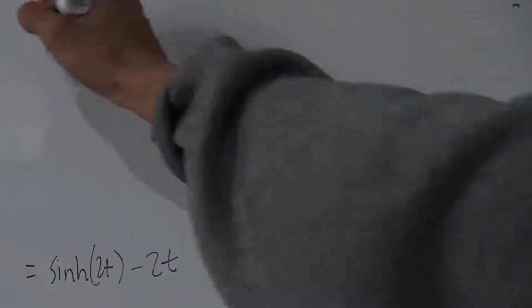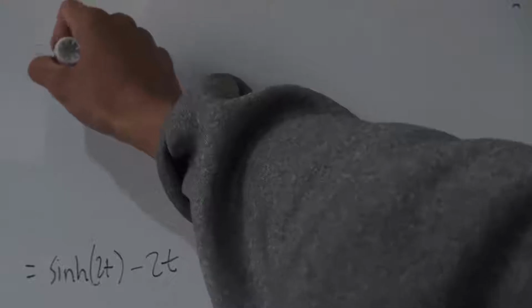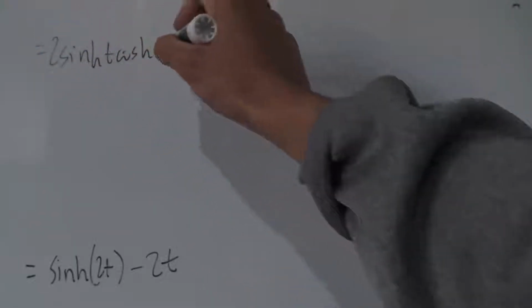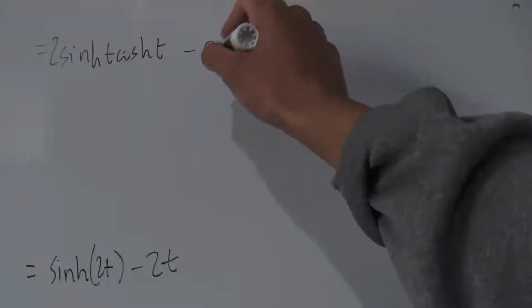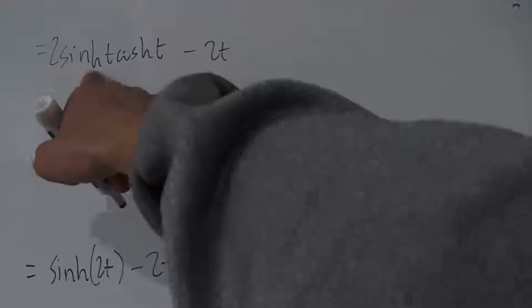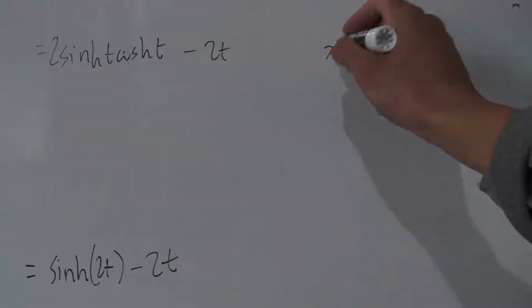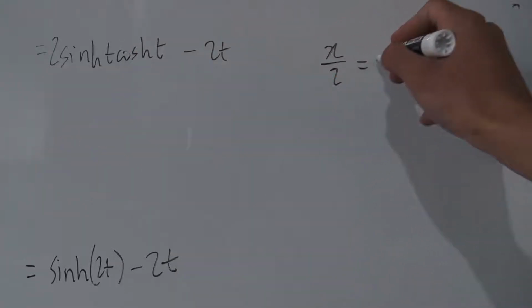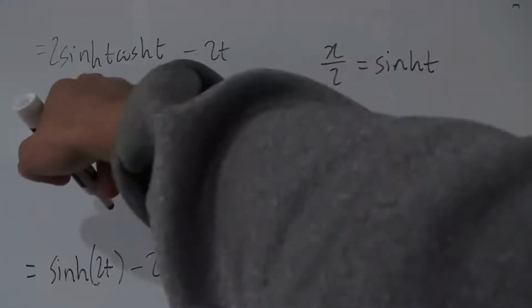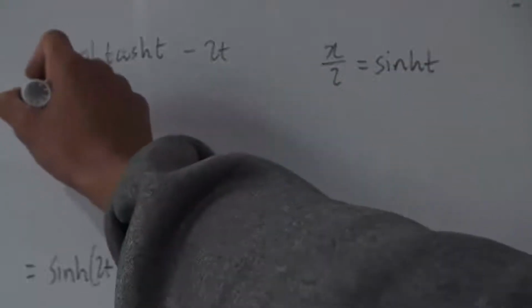So sinh of 2t becomes 2 sinh of t cosh of t, and then subtract 2t. So this and this are equivalent. And if you remember back to the substitution, we had x on 2 is equal to sinh of t. So sinh of t here, we can just substitute x on 2 in.